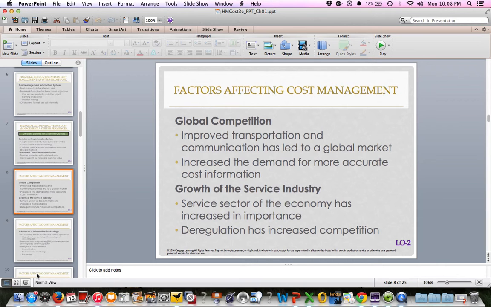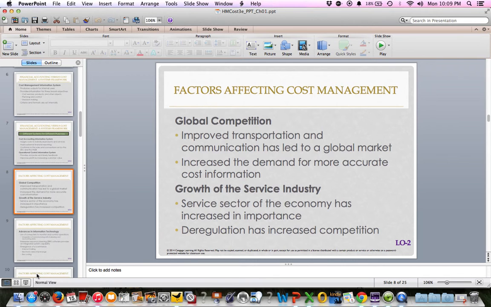And that increased competition from foreign companies, or just companies that are based in the U.S. but have a global component, increases demand and really requires a good, accurate cost information system so that we can price our goods accordingly. We can know exactly how much it costs to make our product and so on.